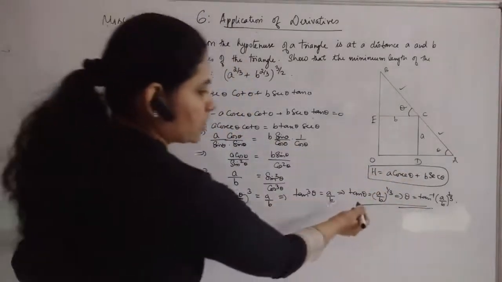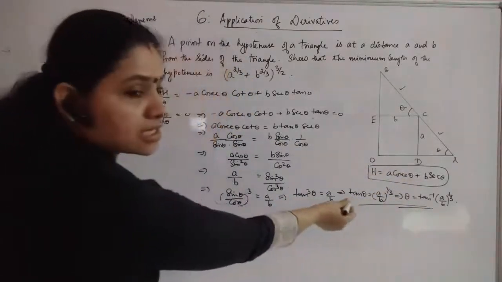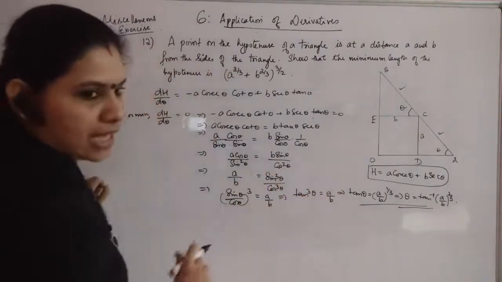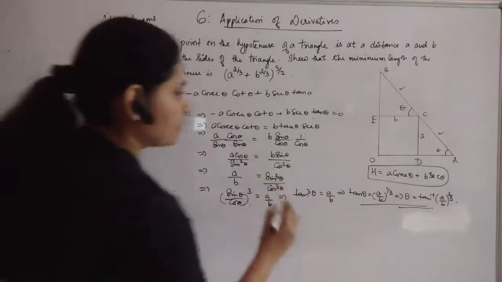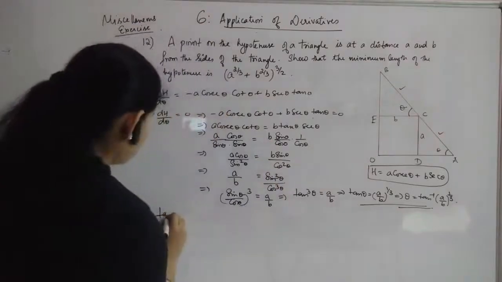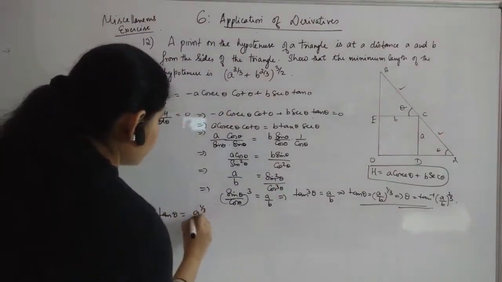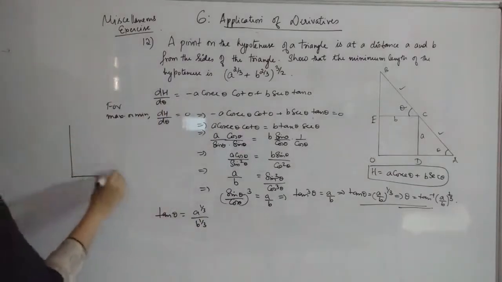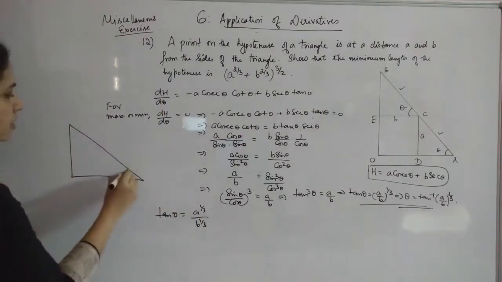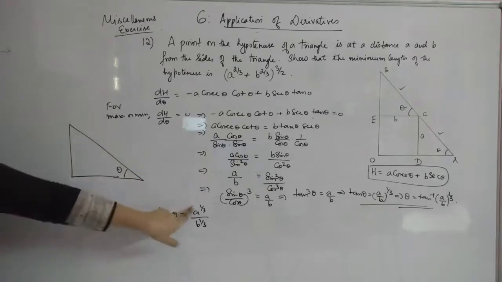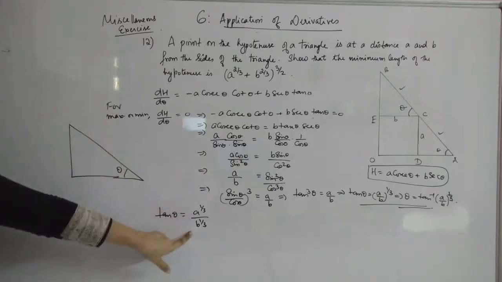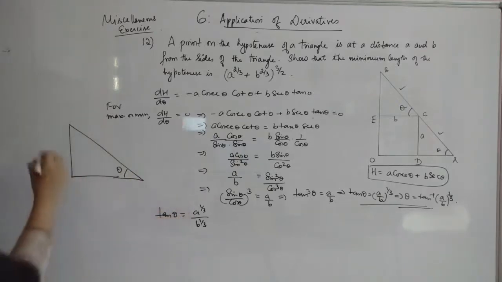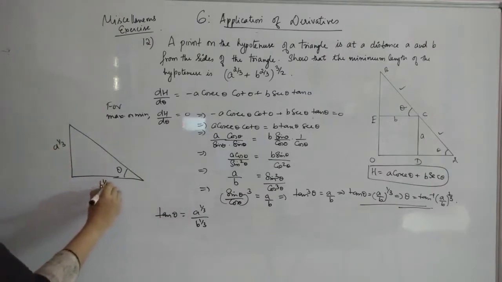So first we find sine theta and cos theta using this tan. Now you have tan theta is a raised to 1 by 3 by b raised to 1 by 3. Considering a triangle with angle theta, tan theta is opposite side by adjacent side, so the opposite side is a raised to 1 by 3, and the adjacent side is b raised to 1 by 3, right?